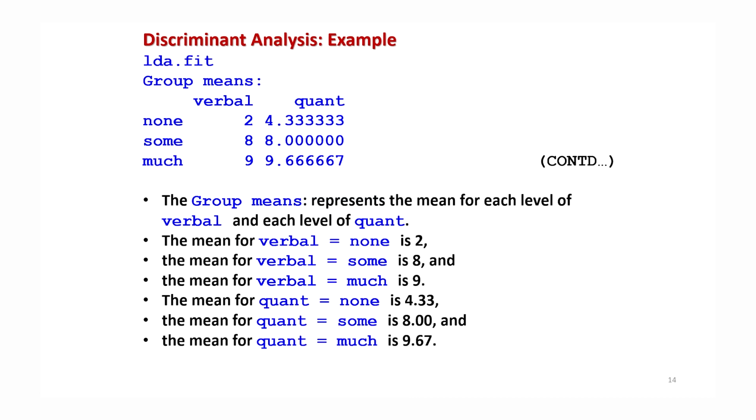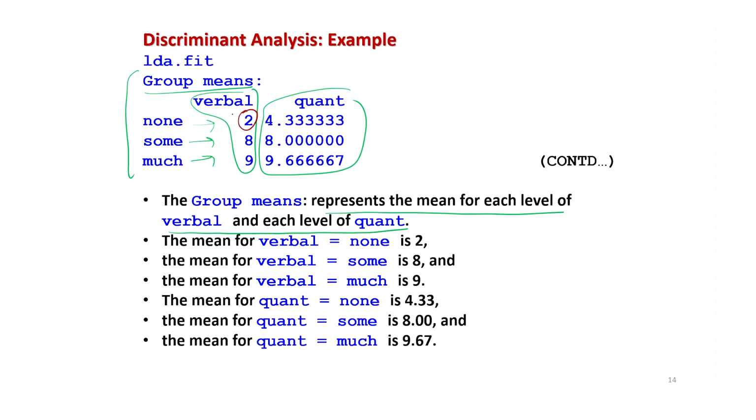Now I come to another aspect, which is the group means. You can see the outcome here: verbal, then quant, and corresponding to none, some, and much, we have different values. The group means represent the mean for each level of verbal and each level of quant. For example, this 2 is the mean for verbal equal to none.